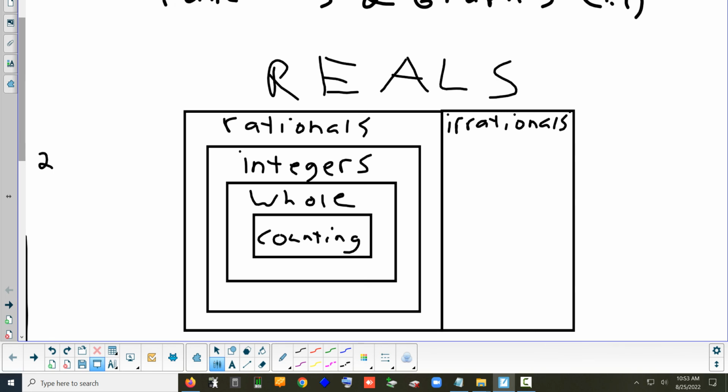Well, if I do 23, which is a counting number, minus 23, which is a counting number, I'm subtracting two counting numbers. But the answer is not a counting number. There's a name for that. I'll tell you what that is in a minute. When you subtract two counting numbers, it is possible you don't get a counting number.